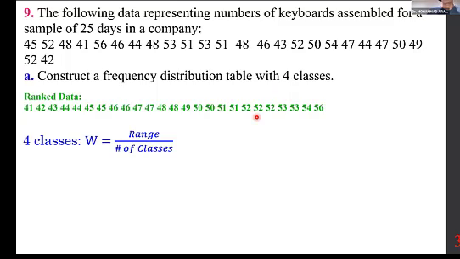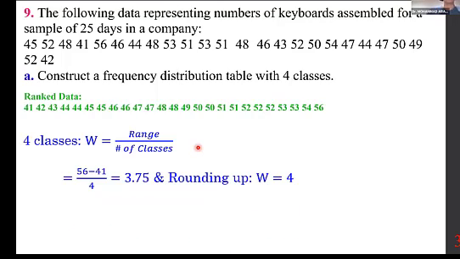It's given to us. So the range is the max 56 minus the min 41, divided by the number of classes. And 3.75 may not work, you must round it to a nice and easy number. In this case, 4. You could work with 3.75, but it becomes a lot more difficult.